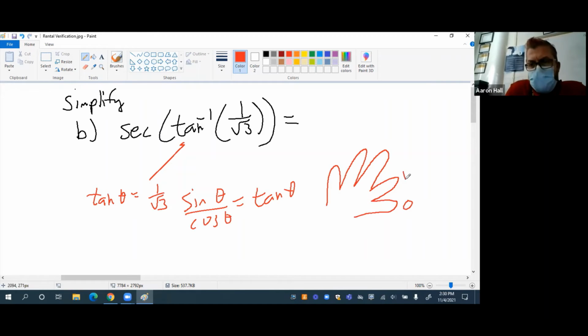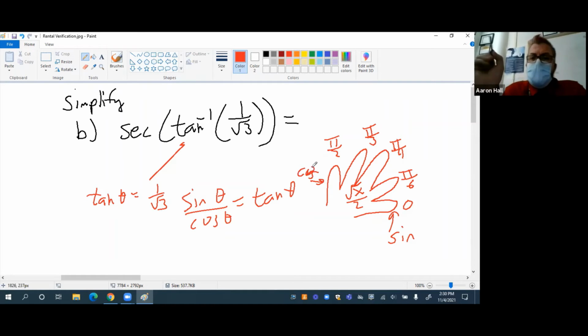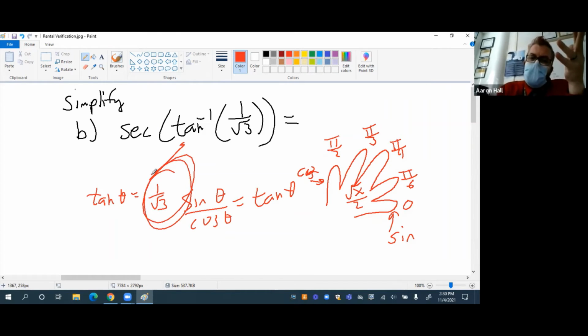This is 0, pi 6, pi fourths, pi thirds, and pi halves. In the palm of my hand, I have the square root of x over 2. And from the pinky direction, that's my sine. And from the thumb direction, that's my cosine. And I'm going to have to put a finger down to recreate this 1 over the square root of 3.